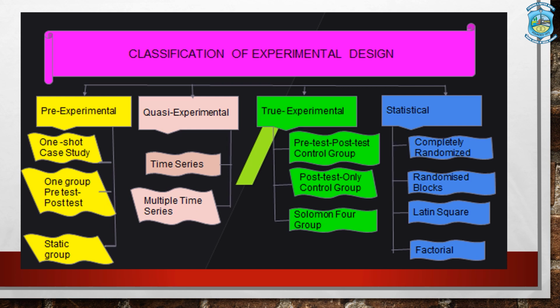With true experimental, we have pre-test, post-test control groups, we have post-test only control group, we also have the Solomon 4 group. And in statistical, we have completely randomized blocks, Latin square and factorial.